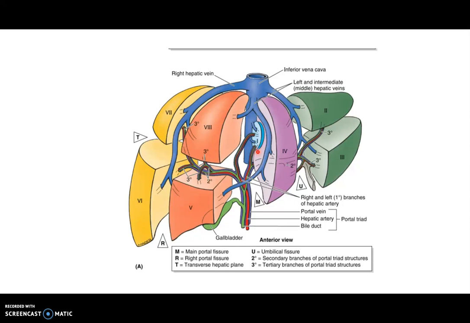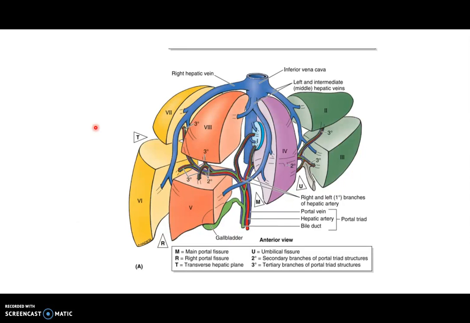But the first segment is supplied by two portal triads and two drainages directly into the IVC, and it is also different from other segments because the others receive tertiary branches. This one lobe is only receiving the secondary branch. So two venous drainages and two portal triads, both secondary branches, for the first lobe.